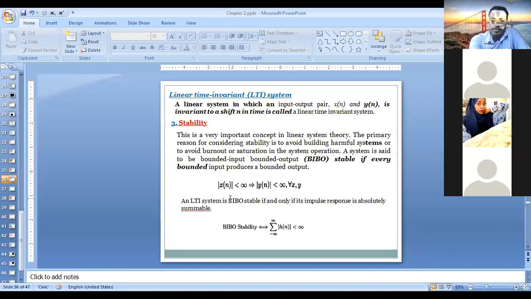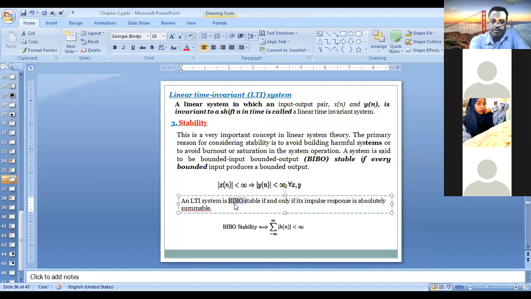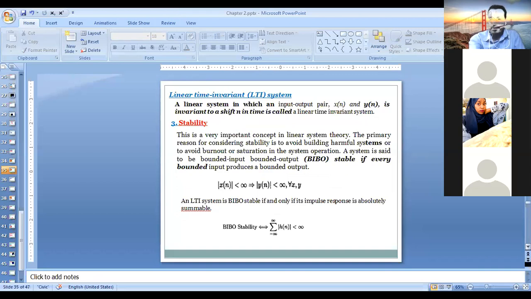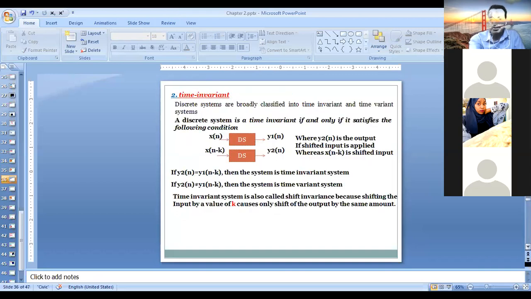To say a system is stable, how are we going to check it? We apply a bounded input to that system. What does bounded input mean? The input has a maximum limit. When you apply this bounded input to our system, if the output is also bounded, meaning the output also has a maximum limit, then this system is called BIBO stable.